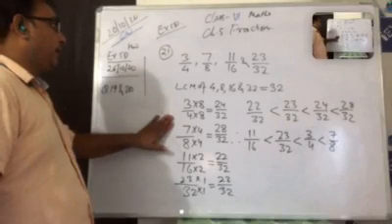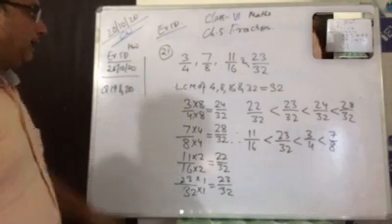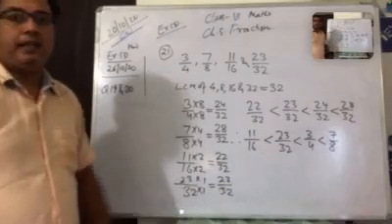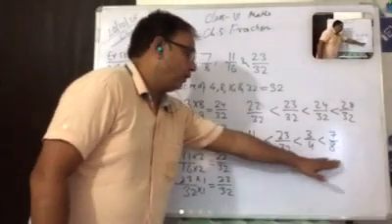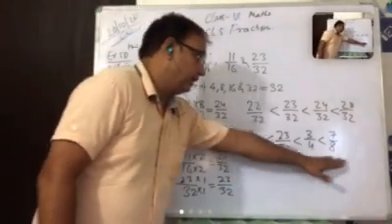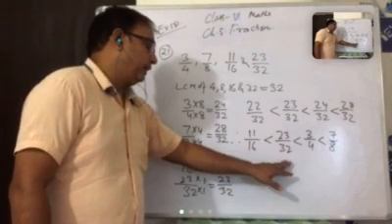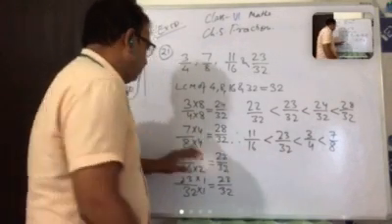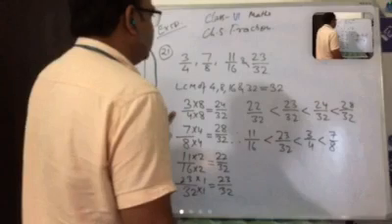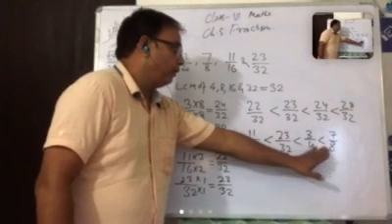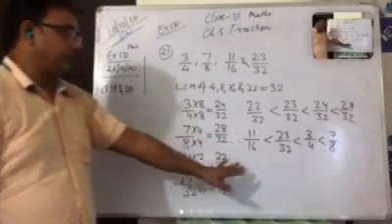So now it is clear how to find this, and we mark the less than sign, which indicates all are in ascending order, because 11 upon 16 is less than 23 upon 32. I write like this. Then this is less than 3 upon 4 and less than 7 upon 8. This is the ascending order basically.